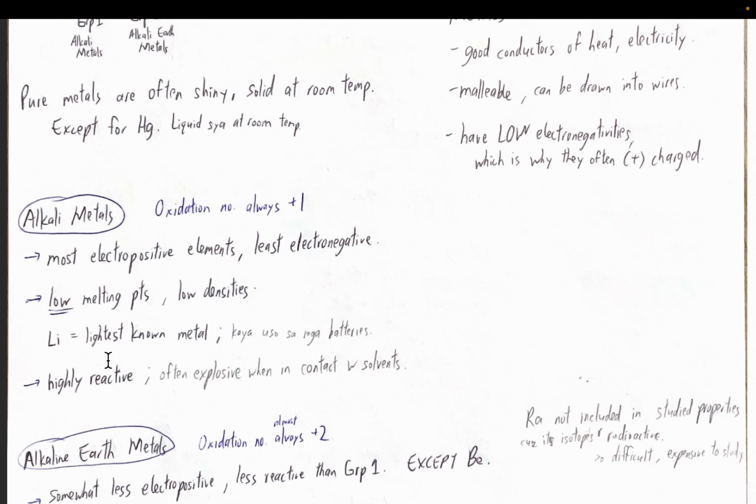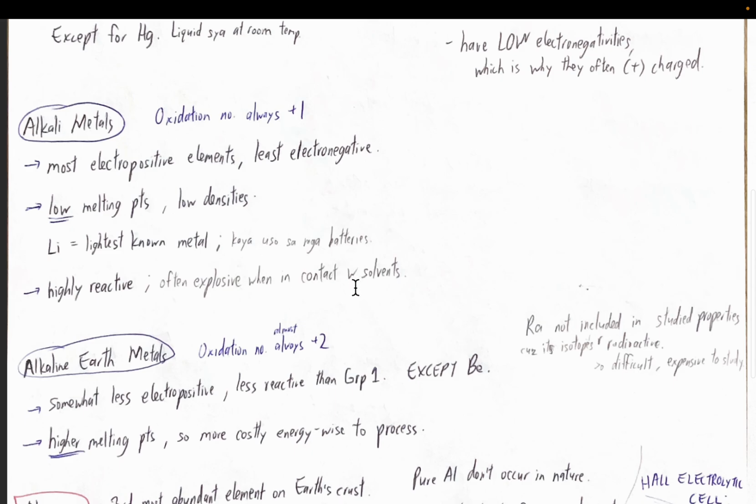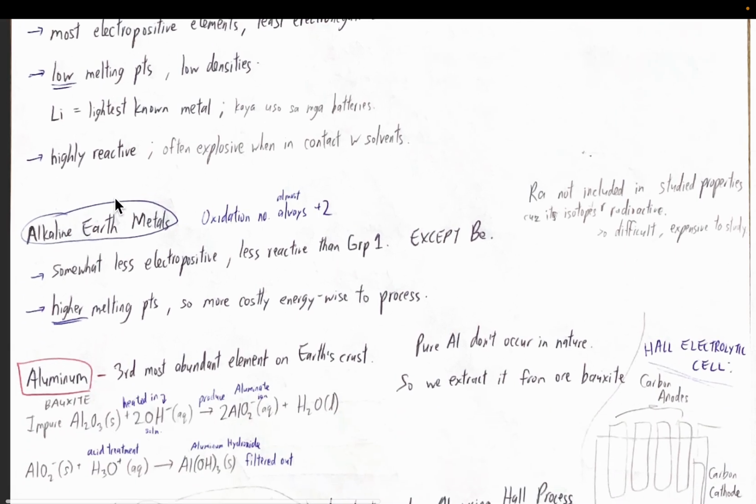So you need a licensed chemist with you if ever you want to experiment with lithium and water. Just with the right amount of lithium, you can create an explosion. So they're often explosive, essentially, when in contact with solvents such as water. For alkaline earth metals, the oxidation number will always be +2.